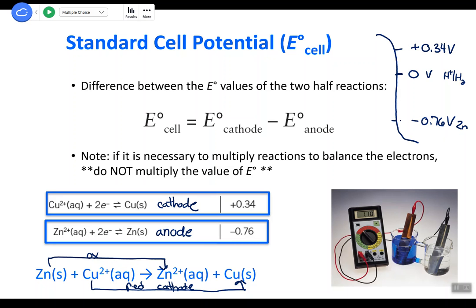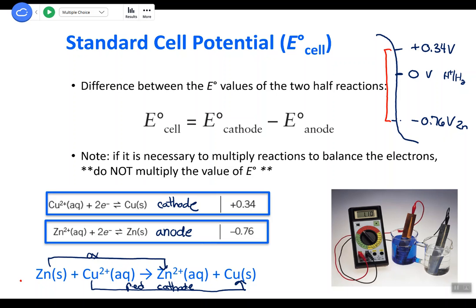What I want to do is measure the difference between the cathode and the anode. The potential difference is going to be even bigger than if this was compared to the standard hydrogen electrode. If I was just comparing copper 2 plus to hydrogen, it would only be a plus 0.34 difference. But I want to go from this plus 0.34 all the way down to negative 0.76.